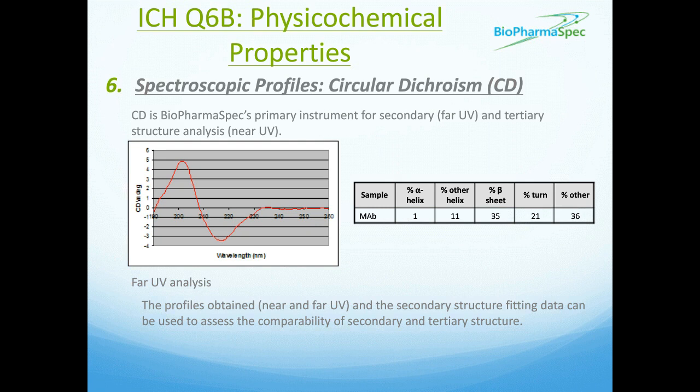You have an algorithm that searches for similarities between this protein and your base data set, and then comes up with a certain amount of percentages that it thinks is the best fit for the spectra that you've put into the program. And here you can see for this monoclonal antibody, again, you have a high content of beta sheet, which fits and matches with what you expect and what you see on the left-hand side.